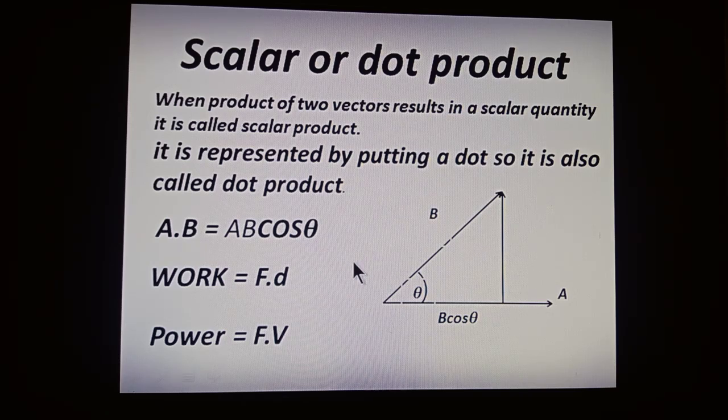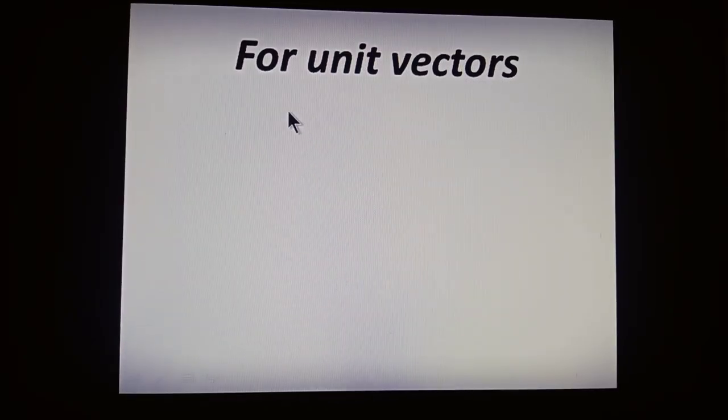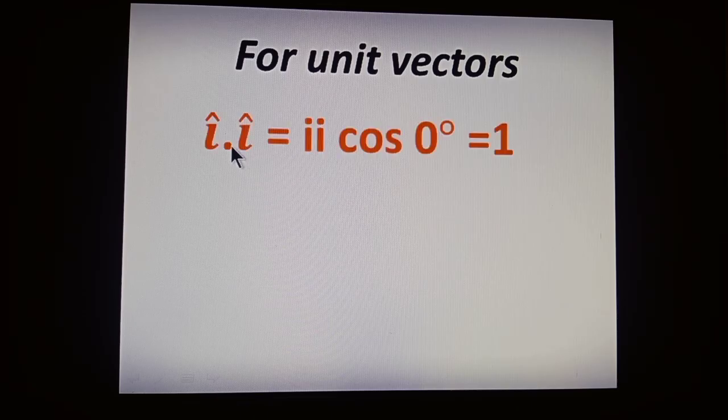Students, you know that we take i, j and k unit vectors to represent the direction of x, y and z coordinates. So in case of unit vectors, you know unit vector is one whose magnitude is 1. So i dot i, the dot product of unit vector with itself, equals magnitude of i, that is 1, magnitude of i and cos of the angle between them.